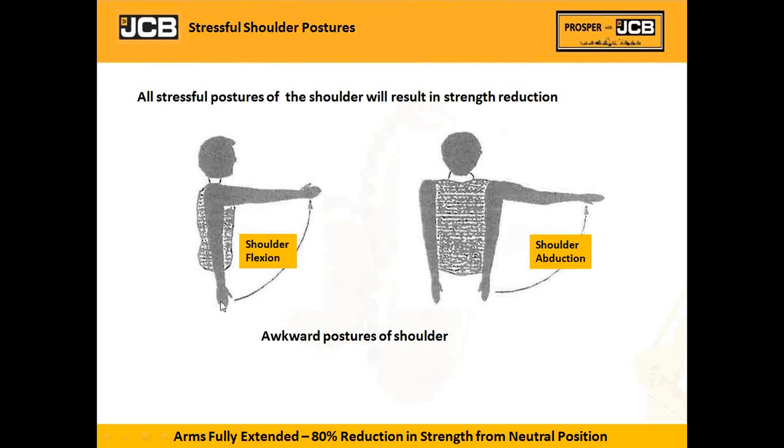Here we have the maximum lifting capacity, and when the arms are fully extended, the strength or lifting capacity reduces by almost 80%. If we are able to lift a 50 kg load here, in this case we can only lift about 10 kgs. Almost 80% reduction in lifting capacity.